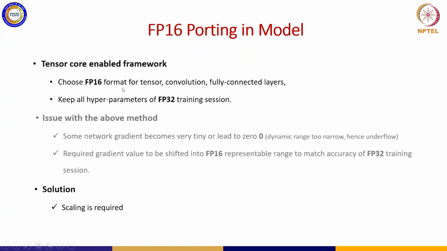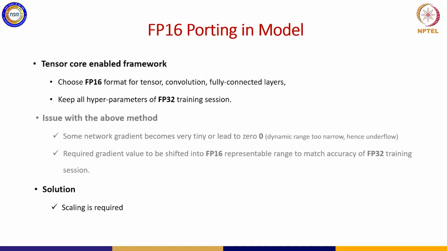So you choose FP16 format for your tensor, which helps you do the matrix multiplication and the convolution operation. Also, it works with a fully connected layer, and you keep all the hyperparameters in FP32, that is the floating point 32 training section there.